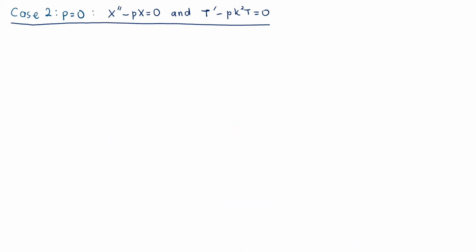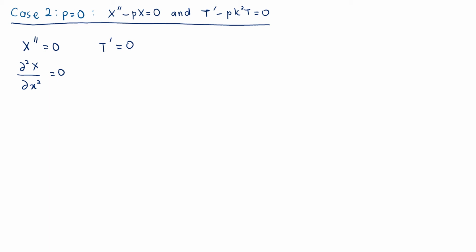Now we proceed with case 2, which is p equals 0. So substitute p equals 0 into the equation, we will get x double prime is equal to 0 and t prime is equal to 0. If we rewrite this, it is actually d square x over dx square is equal to 0.